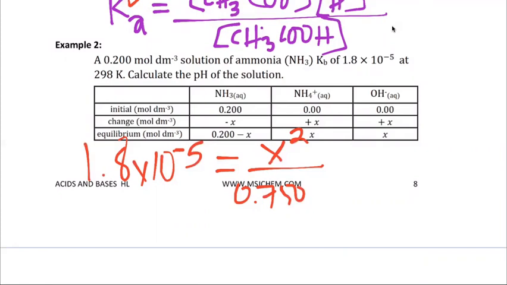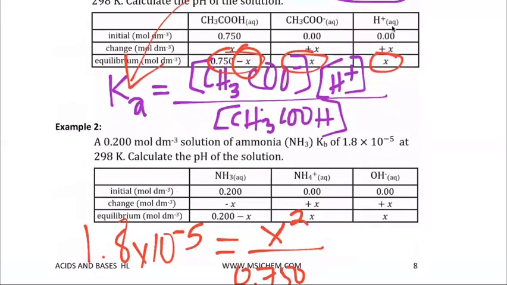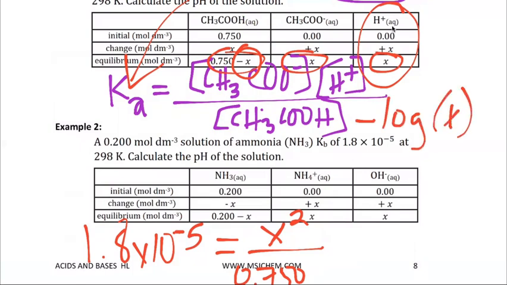So multiply both sides by 0.750 and then take the square root of both sides, and that gives you your value for x. And once you get x, we know from this table up here, x is the hydrogen ion concentration. So once you get x, then you can do the negative log of whatever you got for x, and that will give you the pH.